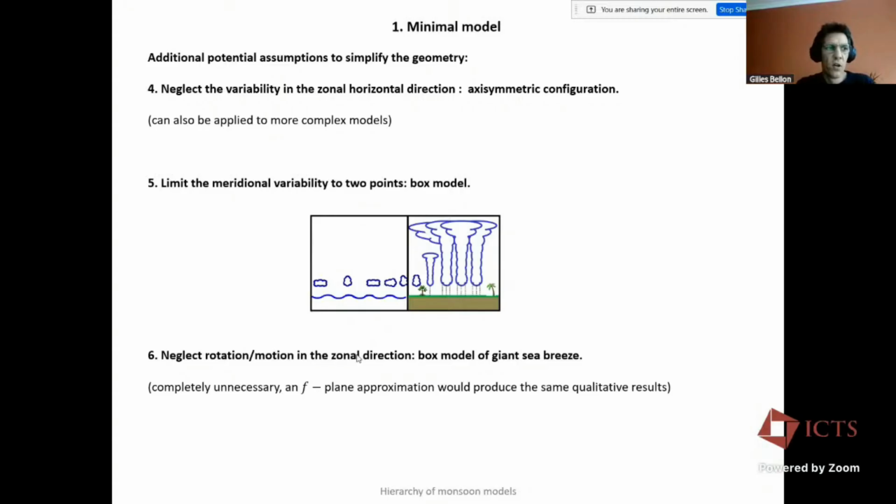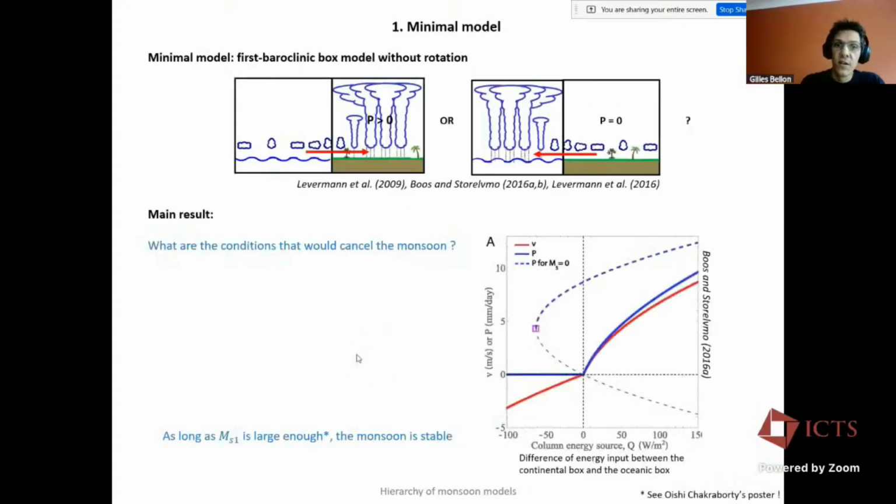We actually get six fairly drastic simplifications, but they're somewhat physically based, and we know which ones they are. You cannot do that much with this type of model, but you can do at least a little, for example, to investigate whether there's a monsoon at all.